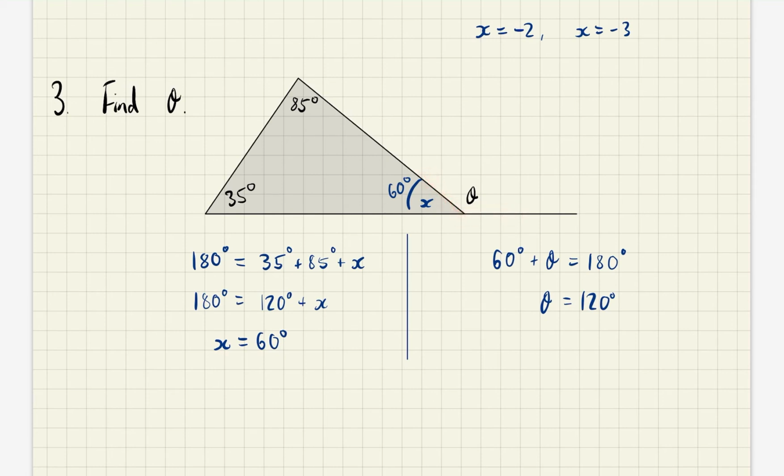But what this is actually called, it's got a name. It's the exterior sum of opposite angles. So here's the exterior angle. If we add these two together, we actually get theta. And it's because this adds up to be 180 and this adds up to be 180. So if we add these two together and this, that's going to be 180. If we add this and this, that's 180.